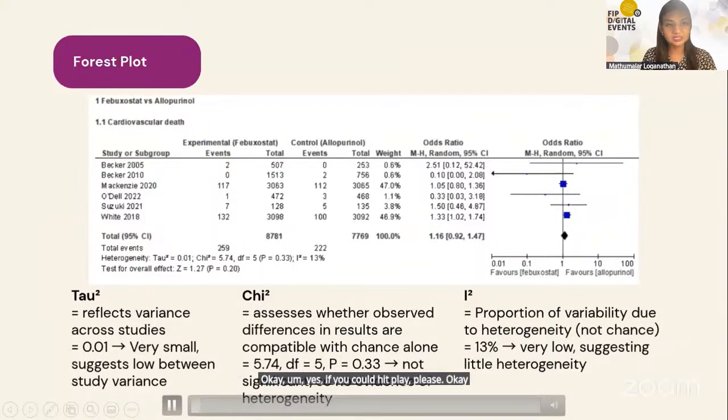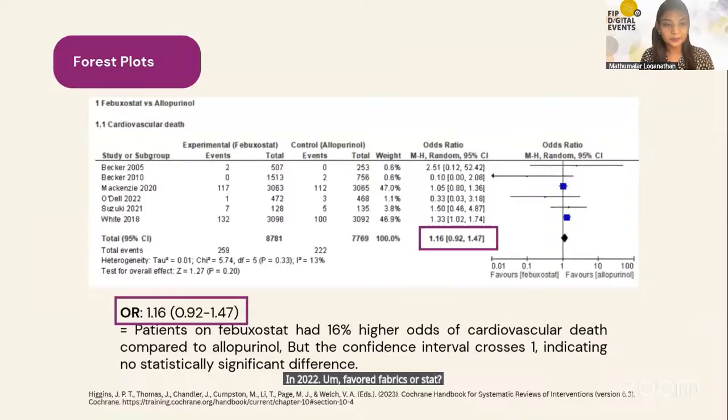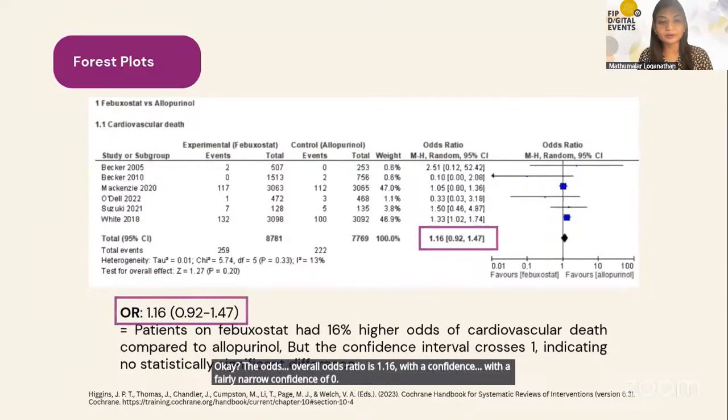Okay, from this forest plot, you can see that only 2 studies, Baker as well as Odell in 2022, favored febuxostat. Okay, the overall odds ratio is 1.16 with a fairly narrow confidence interval of 0.92 to 1.47.